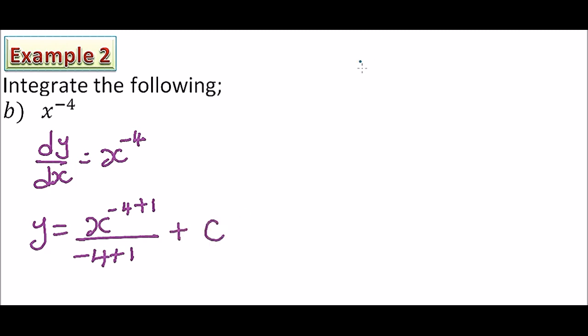So from there we say y is equal to x to the power minus 4 plus 1, that gives minus 3, divided by minus 4 plus 1, which gives minus 3, plus c.